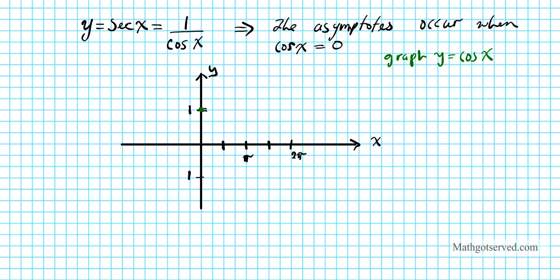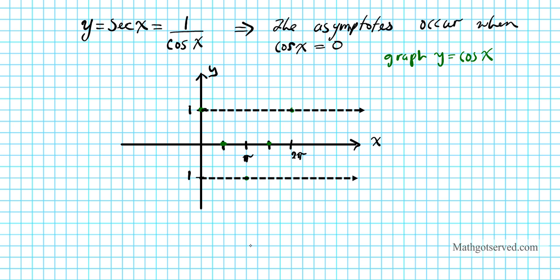So we start from the max on the y-axis: max, center, min, center, and then max. Okay, to make sure we got this correctly, let me add on the max and the min so we can have a good visual. So there goes the max, and right there goes the min.